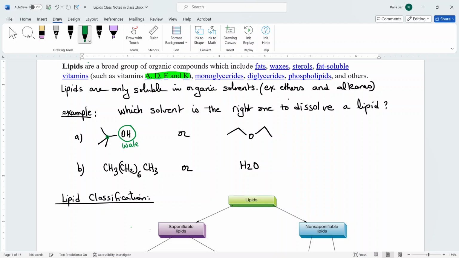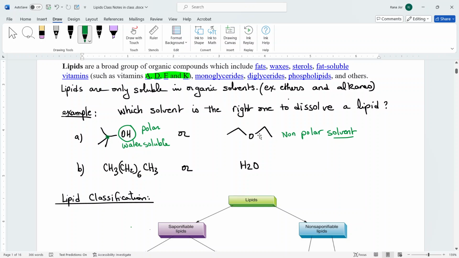So this alcohol is going to be water soluble, and I'm going to call this a polar solvent, versus the ether, which is a non-polar solvent. Why is it a non-polar solvent? It is a non-polar solvent because it does not have a hydrogen connected to the oxygen, so it is not a hydrogen donor. So this one is considered to be an organic solvent compared to a polar solvent.